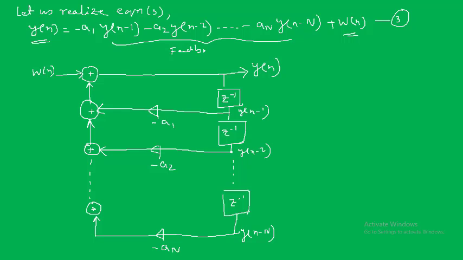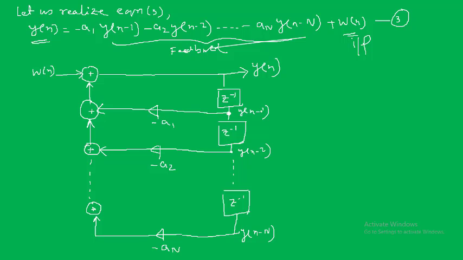So feedback, okay, and here this is the input for finding y of n. If we analyze this particular equation, not the filter, only for this equation, so w of n we are giving here, and we are getting y of n as the output, and we are taking back this output. So feedback we are providing.